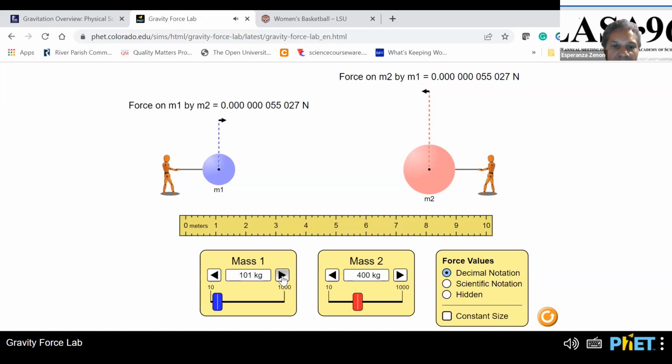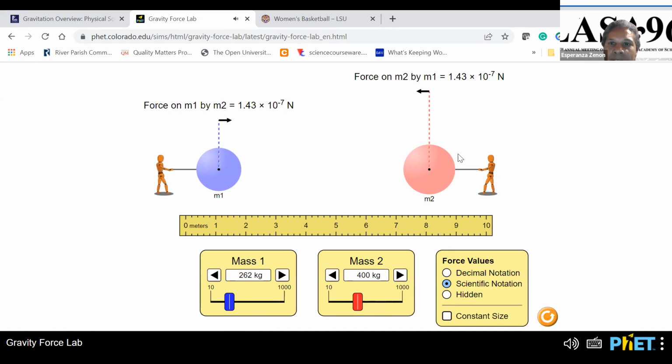You can change the mass of any of the objects, or if you want to just slide, you can do that, but if you want to increase by ones, you can. Now, there are no decimal points, so don't worry about that. The other thing I'll tell you to help is that if you put it in scientific notation, the forces make more sense when you see them written like that, as opposed to with all those zeros. So if you put it in scientific notation, it's easier to read.